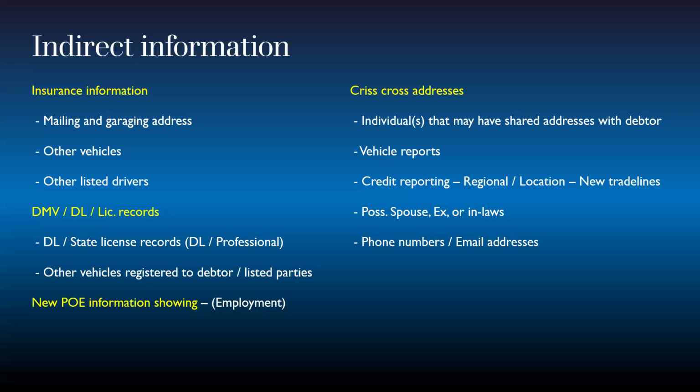If I'm chasing something over here in Austin, Texas, and it's getting serviced in Wyoming, obviously they're probably up in Wyoming, or whoever has the vehicle is in Wyoming. Look for credit reporting. Again, look up the regional areas, possible spouse and in-laws. There's nothing better than an ex in-law. And again, phone numbers, email addresses, crisscross those because sometimes you can find their associates that they're running with.